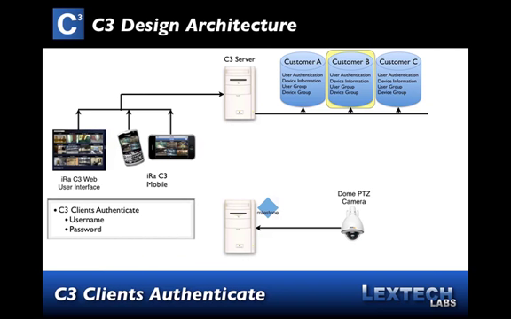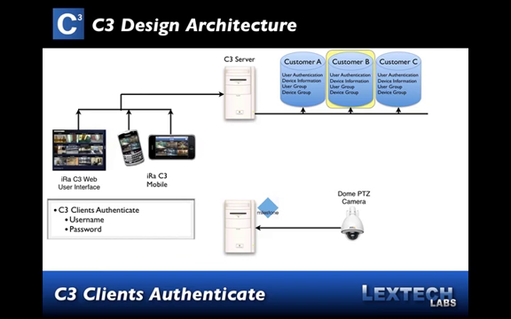In this case, customer B. If you're logging in as a client, if you're authenticated to customer B's organization, you will be then looked up in the database to figure out what user groups you're assigned to. Once you've determined what user groups you're assigned to, the C3 server will determine what device groups your user groups are assigned to.